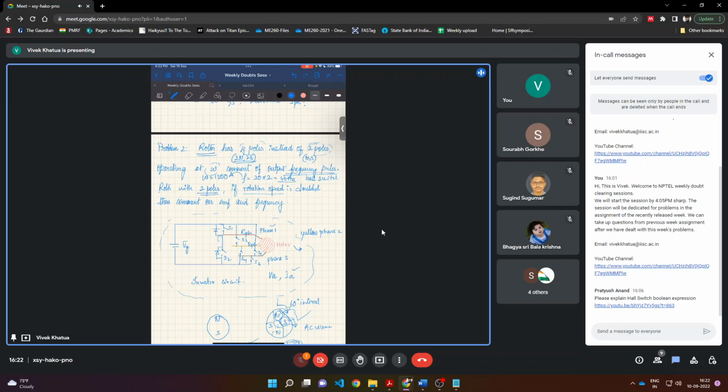So now I'm asked to comment on the back EMF, that is EB, and the frequency of switching. So here again you can guess that since it's a synchronous motor, the moment my rotation speed is doubled, it is directly coupled with the frequency of switching. So if it was F1, now it will become 2 times of F1.